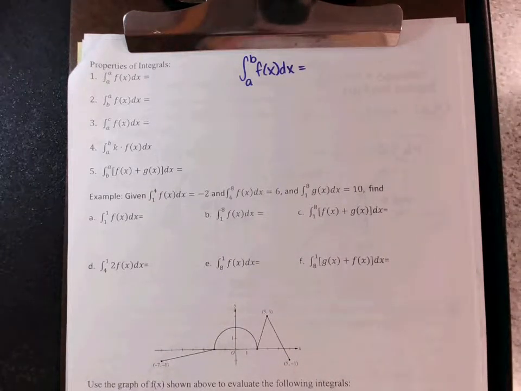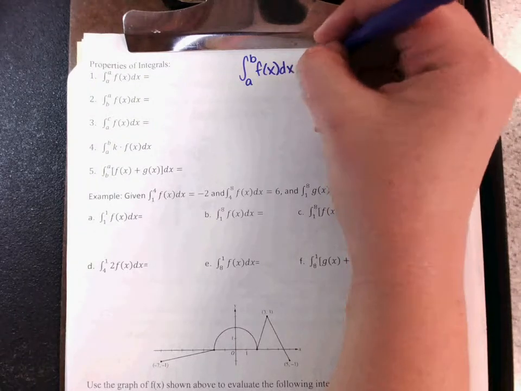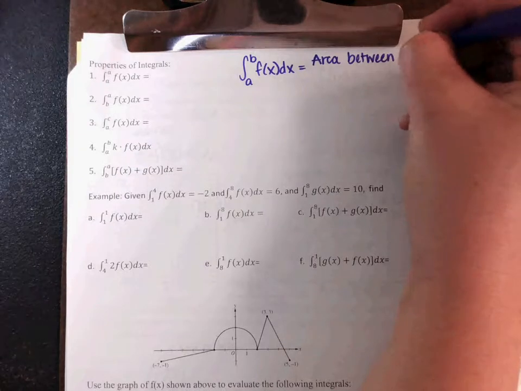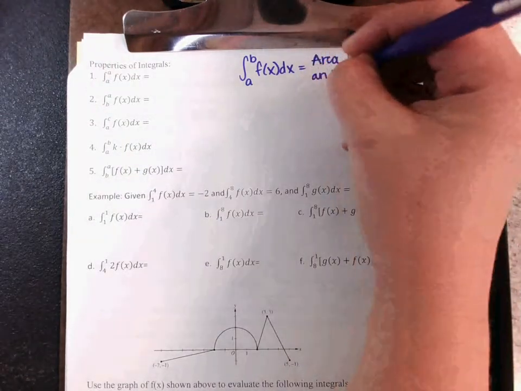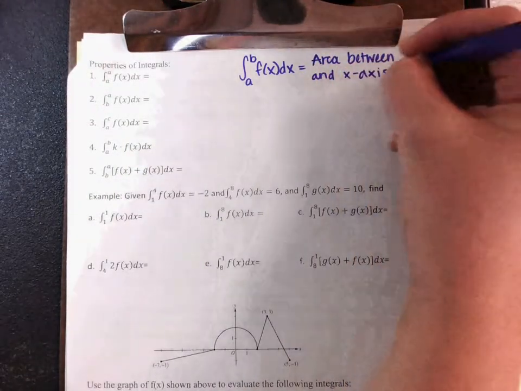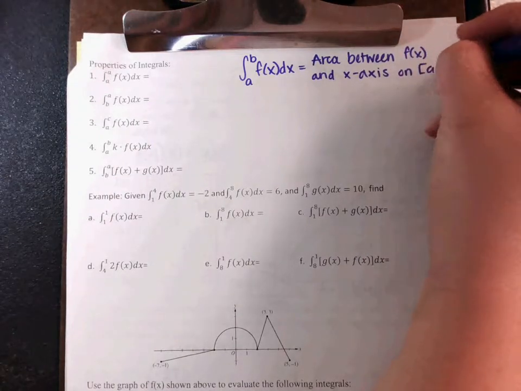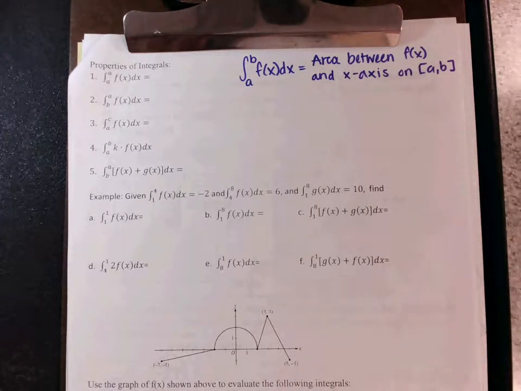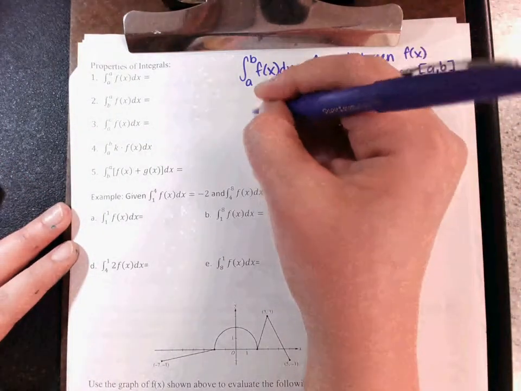You would find the area between f of x and the x-axis from A to B. You remember that? No? Okay, so if I had a graph, let's just say here's my graph.